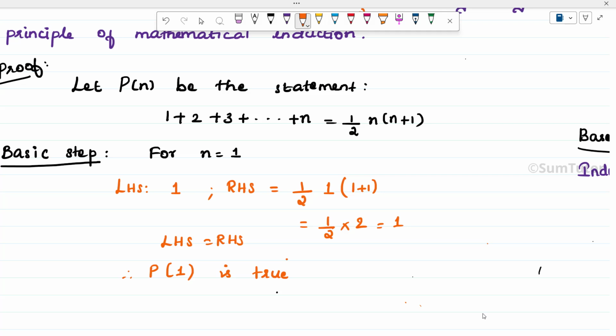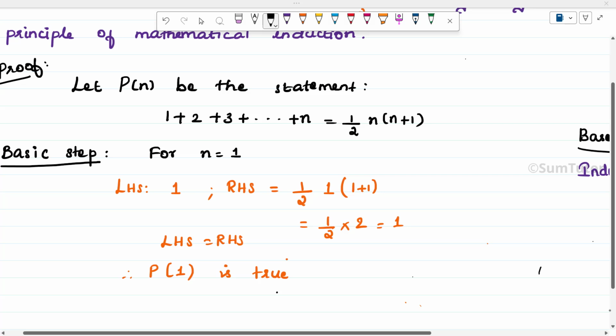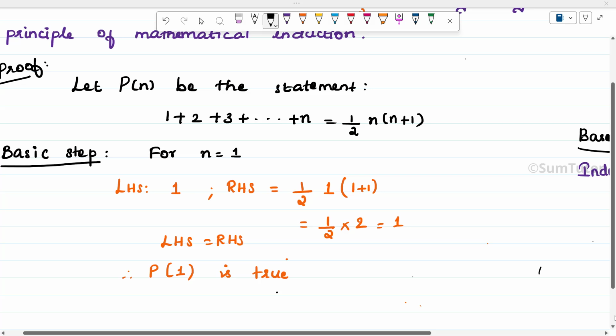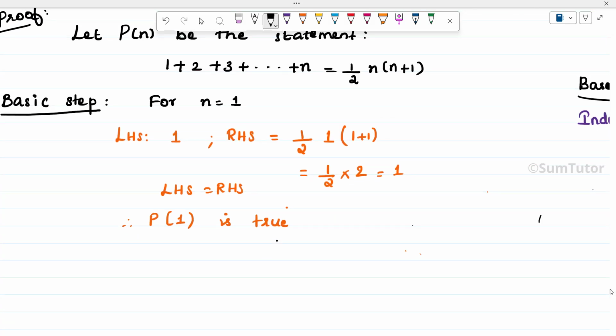Next is the inductive step. In the inductive step we have to assume that the statement is true for n = k. Therefore the given statement becomes 1 + 2 + 3 + ... + k = 1/2 × k(k+1). In the place of n we replace k.